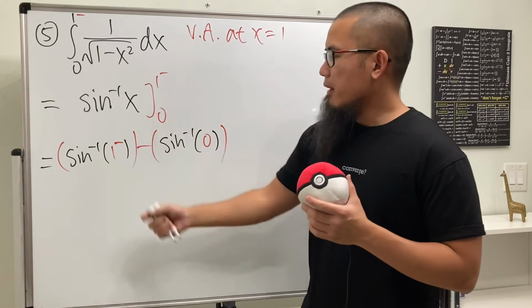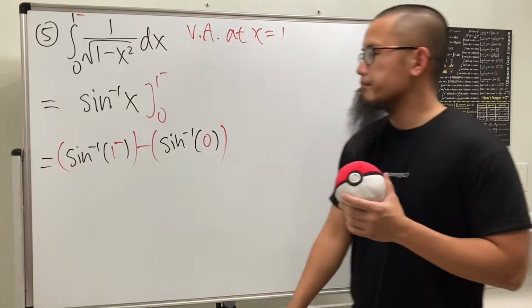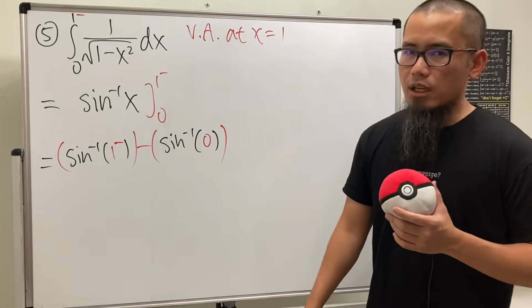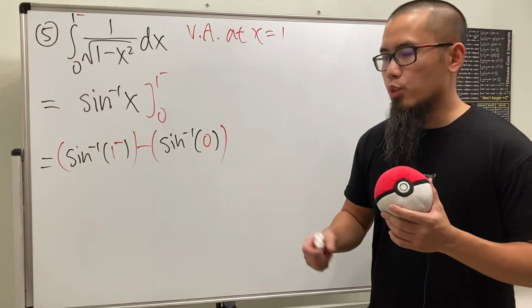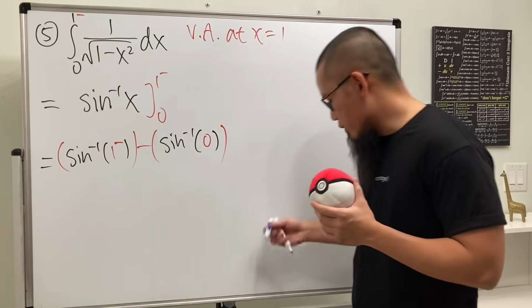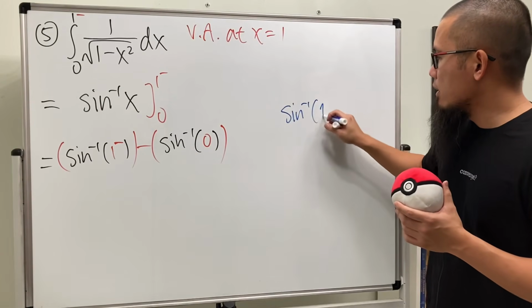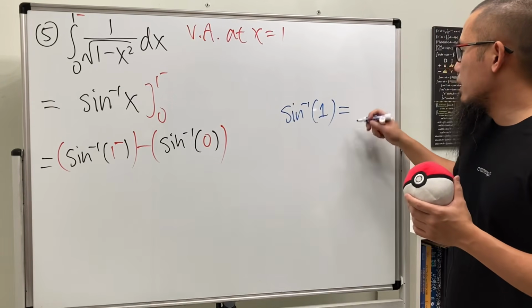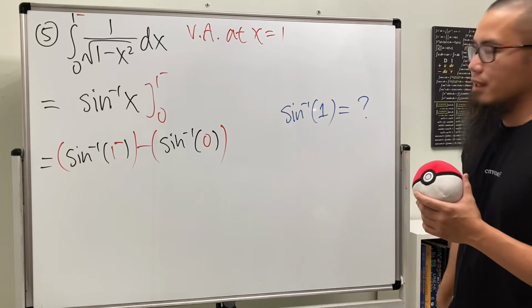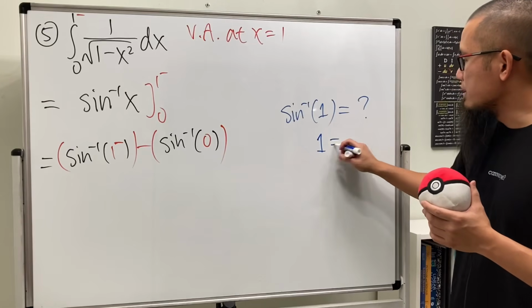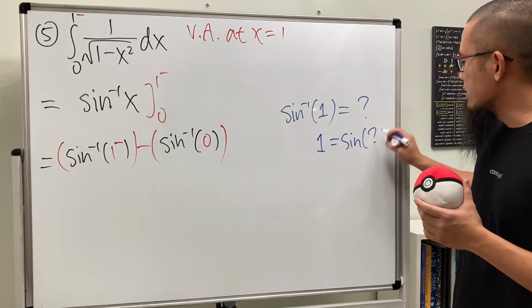Okay, in fact, this right here is a good number. To evaluate this, we will just have to ask ourselves, sine of what angle will give us 1? So let me just put that down right here for you guys. If you're looking at inverse sine of 1 is equal to, let's just say question mark. You can do the original sine on both sides. So you get 1 is equal to sine of what?